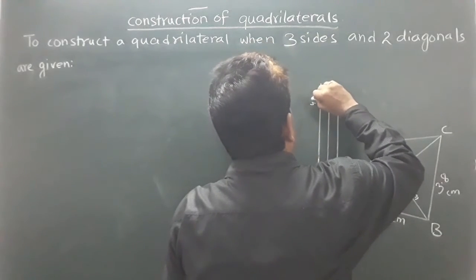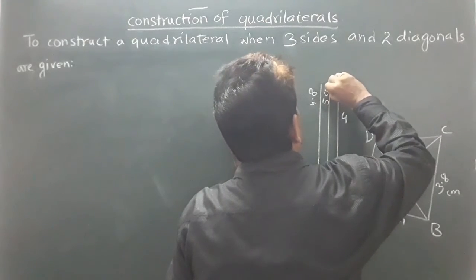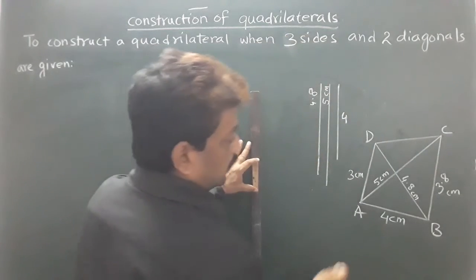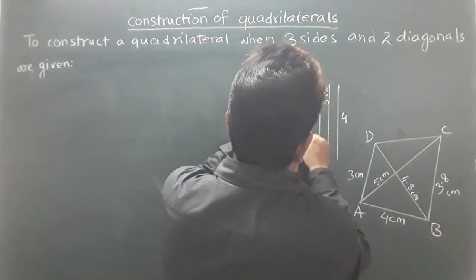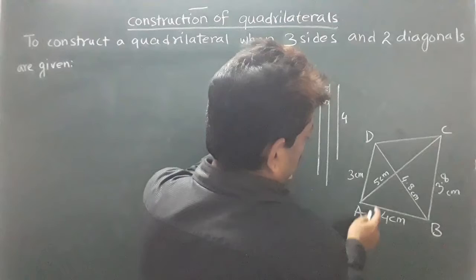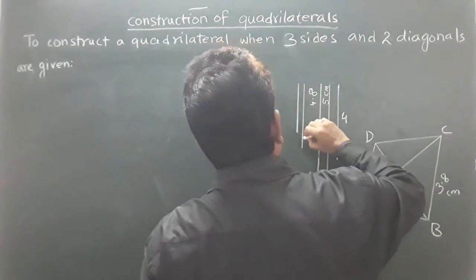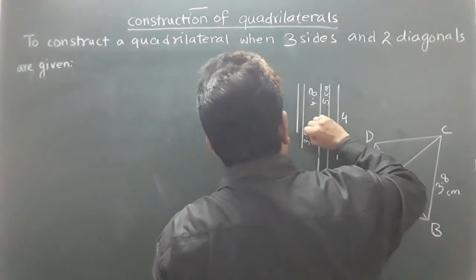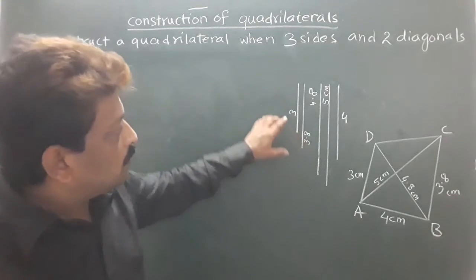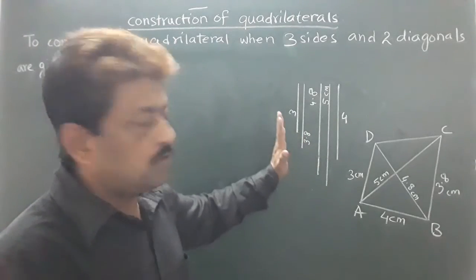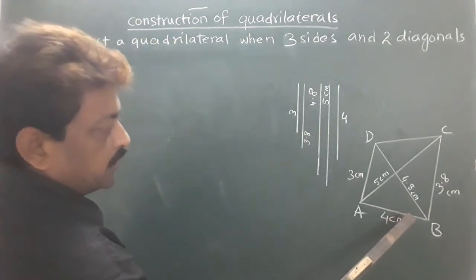This is 4.8. This is 5. Then BC is 3.8 and AD is 3. This is 3.8 and this is 3.